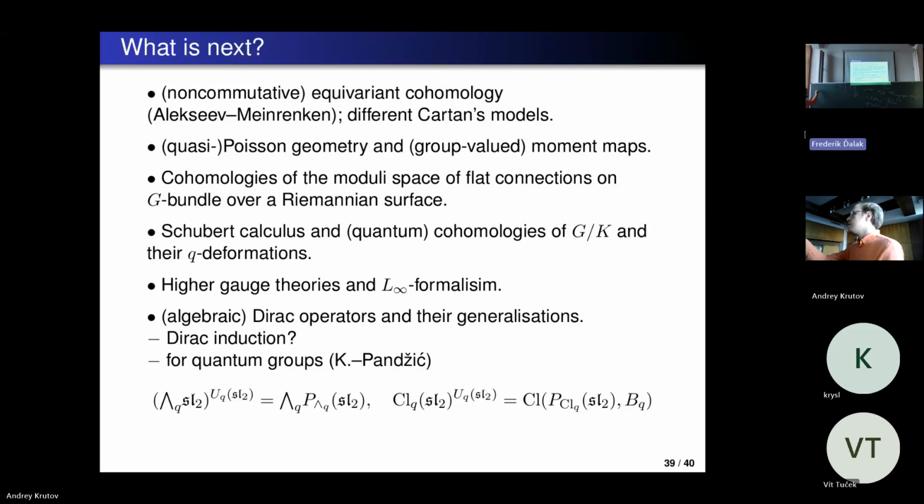Yes. This is a nice result, for example, for the case of O(N). When K is O(N), you can show that the invariants of the Clifford algebra are just the Clifford algebra on the primitive element. But it is a disconnected group.